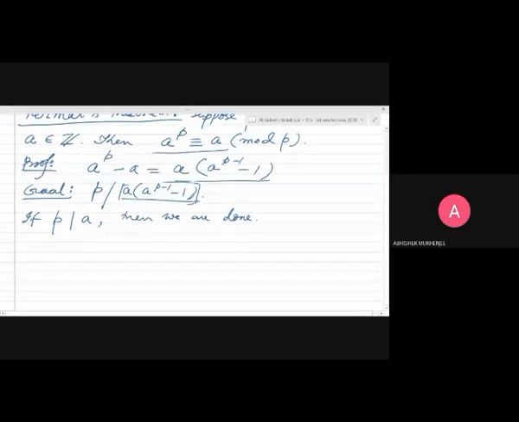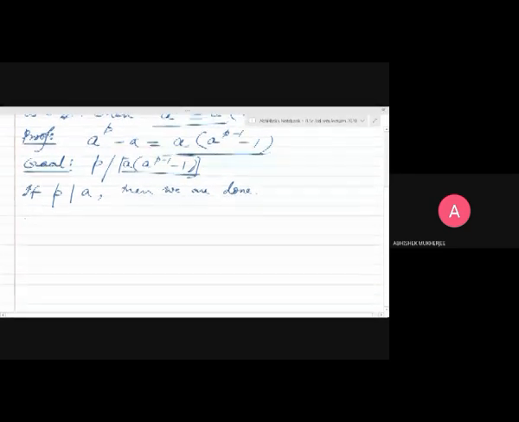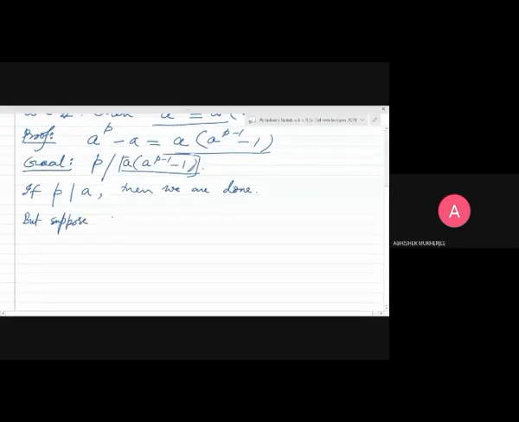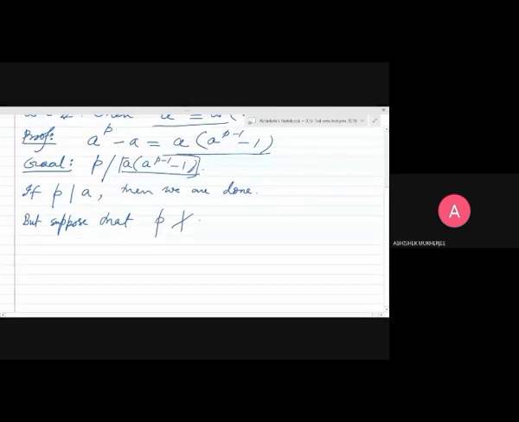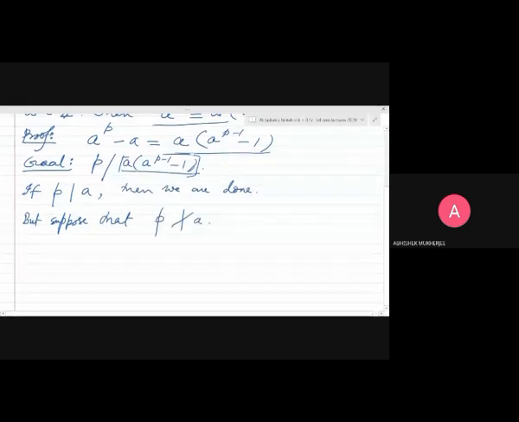But for the other case, suppose that p does not divide a. Then you must show that p divides a to the power p minus 1 minus 1, this quantity.